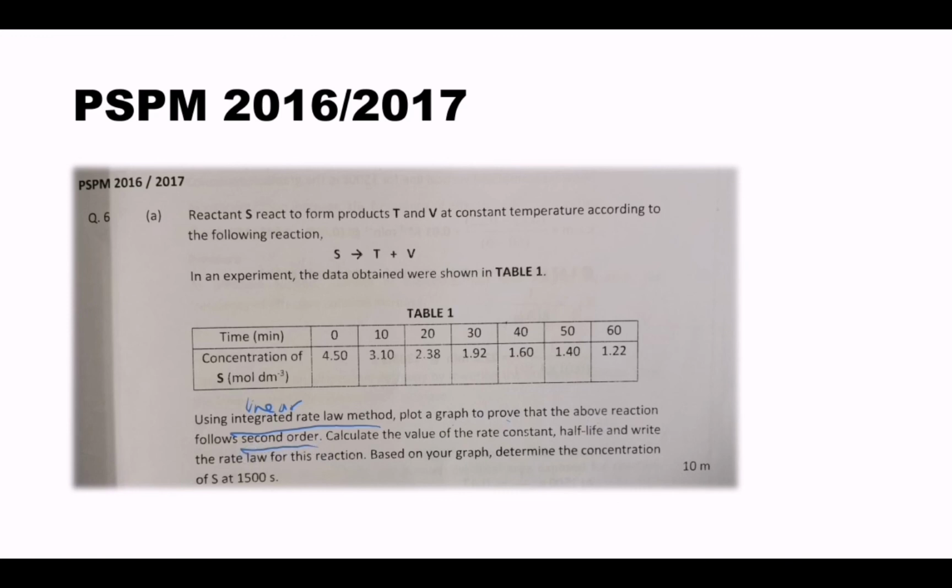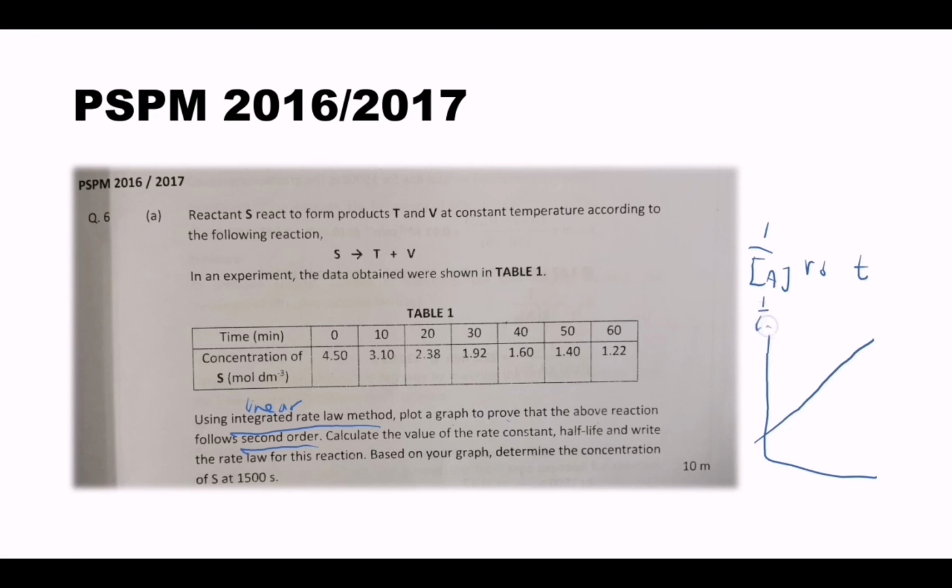Okay, so kat sini maksudnya awak kena plot 1/[A] versus t. Okay, bila kita buat 1/[A] versus t, kita kena create jadual barulah. Table baru, 1 over concentration ni kita dah masukkan data yang kita dah bagi siap-siap untuk kita plotkan. So, kita akan dapat garisan linear yang positive gradient.